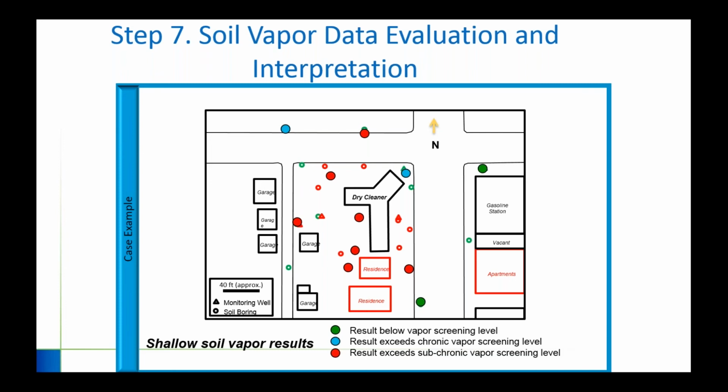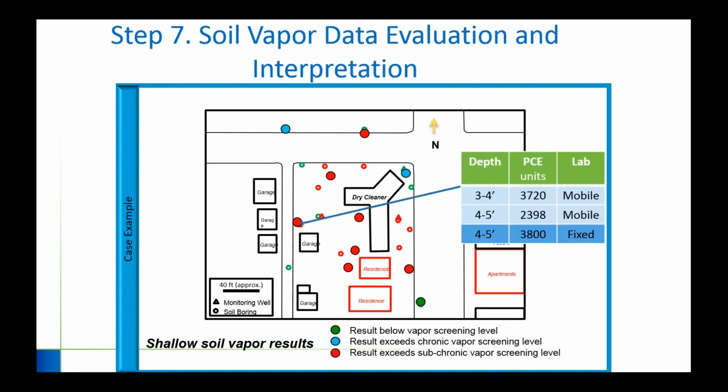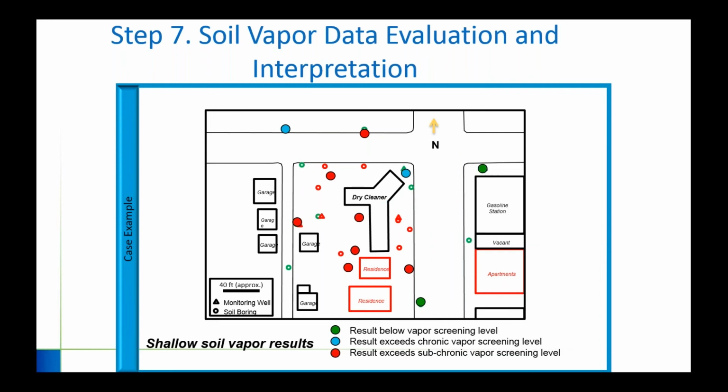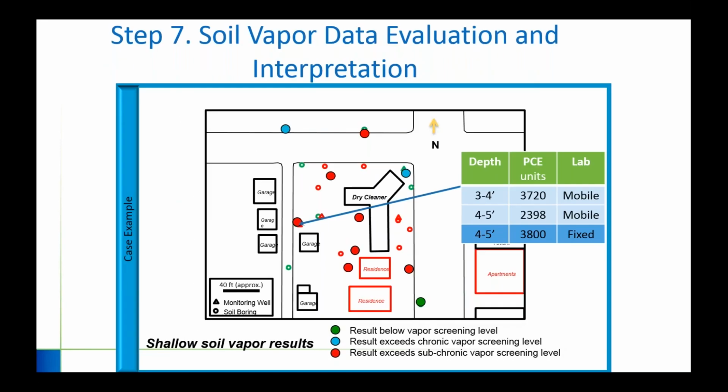So they had exceedances everywhere, which isn't too surprising considering that this is a dry cleaner with very shallow groundwater. They ended up doing the 2 vertically discrete zones, like I mentioned, although they're a little bit closer together spatially. And this is an example of semi-quantitative data because it is units of PCE, but it's not a concentration.